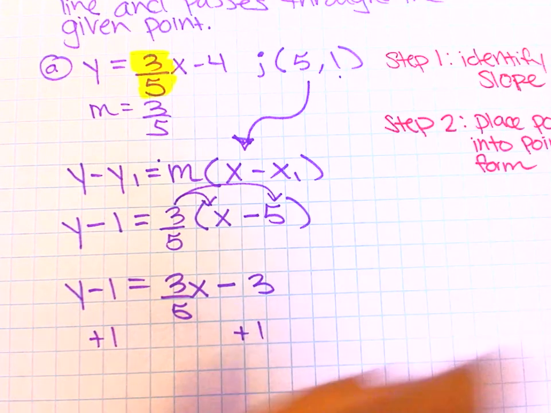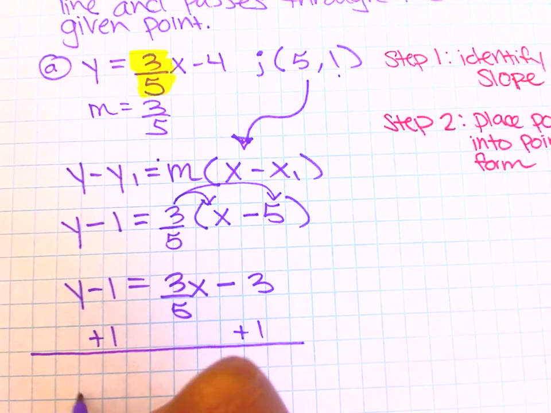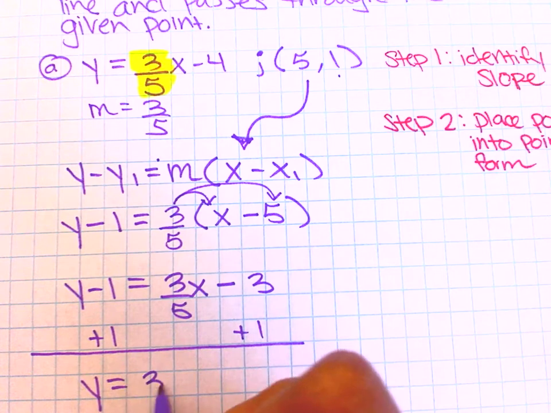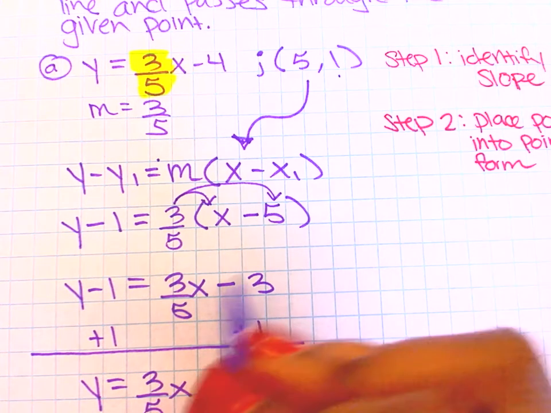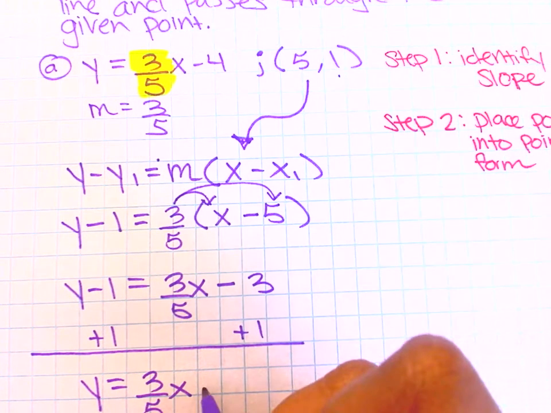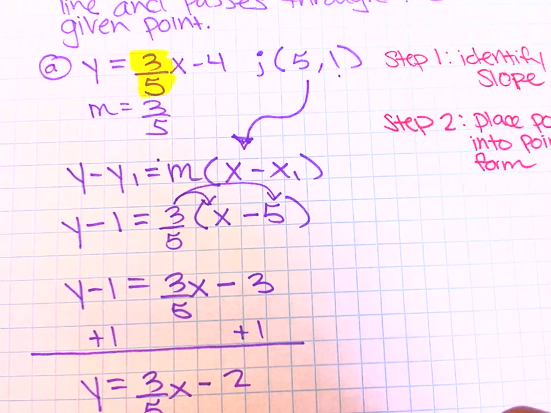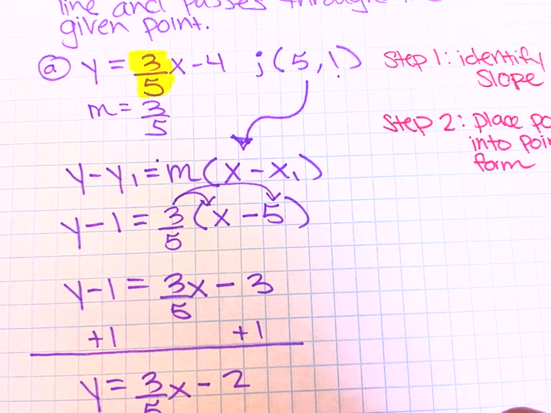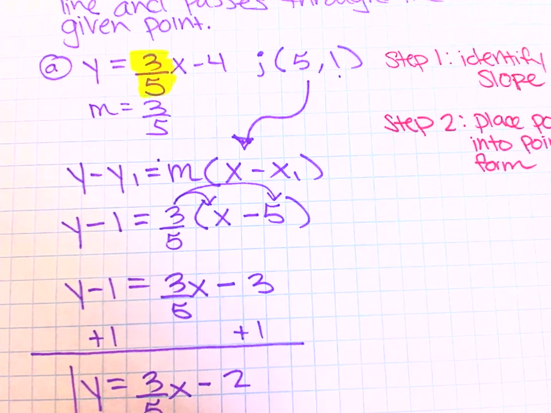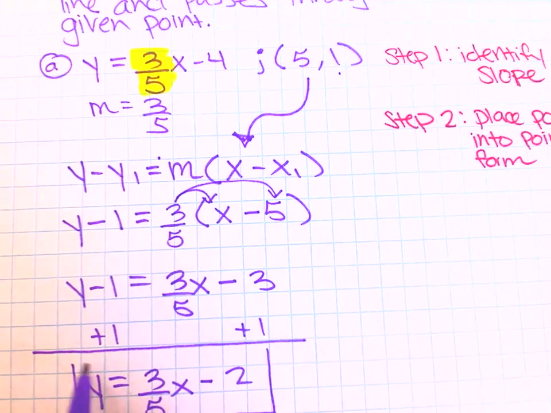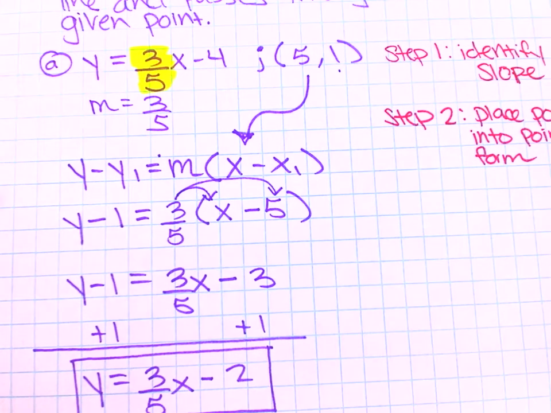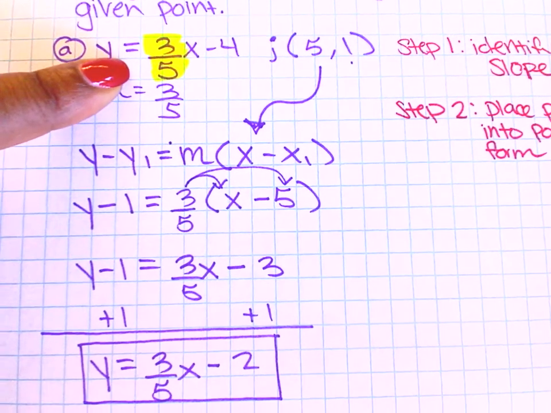Add 1, add 1. Y equals 3 over 5x. Now these over here are like terms. Negative 3 plus 1 is negative 2. And that's it. They just wanted me to write the equation, which is this equation here, that matches this equation's slope.